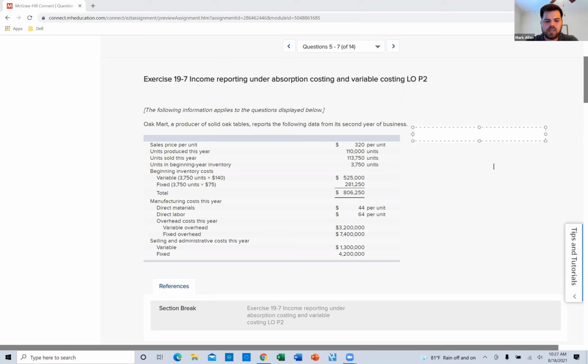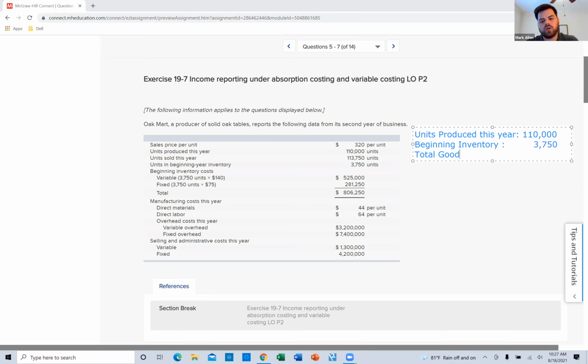Well, let's see. I've got units produced this year, 110,000. I had beginning inventory this year of 3,750. This gave me a nice total that we saw a lot in chapter 5 in accounting 2301.